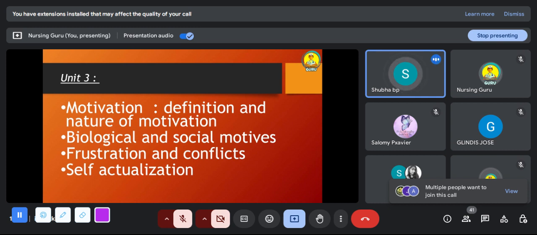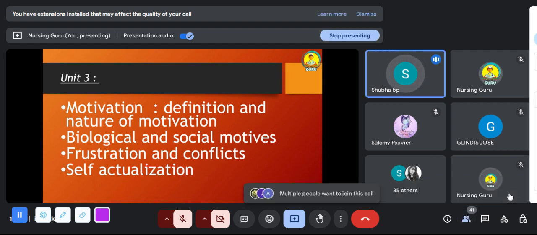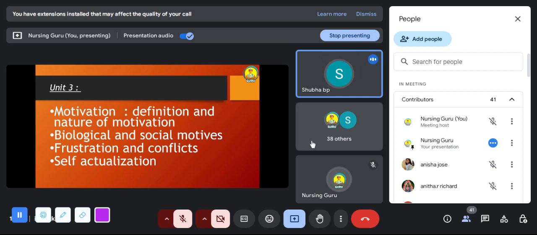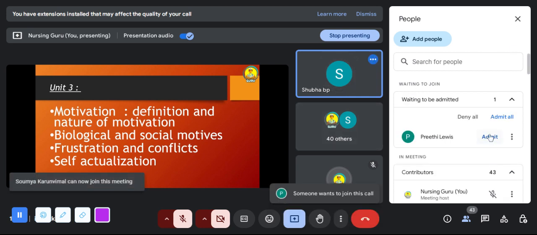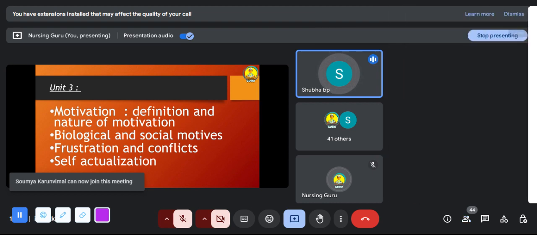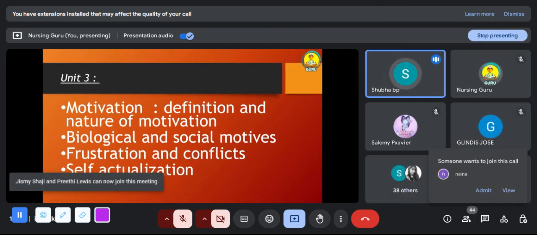Coming to unit 3, unit 3 contains motivation. For a 10 marks or 15 marks long essay question, they will ask motivation. Okay, so if they ask motivation, you have to write the definition and nature of motivation.